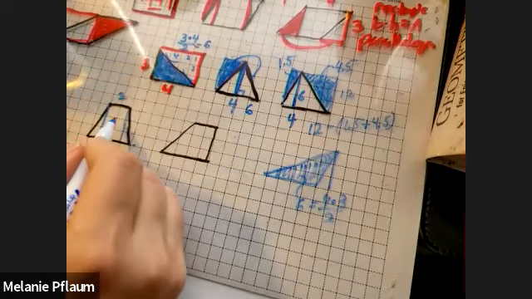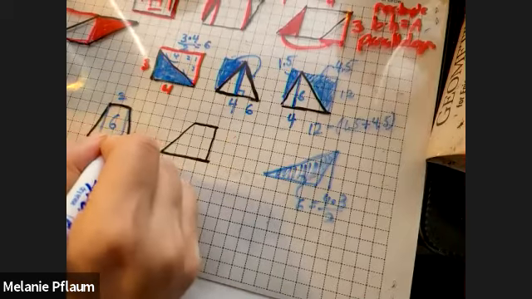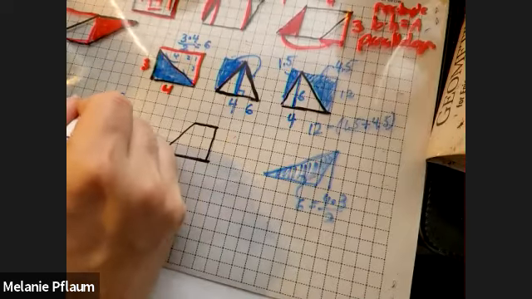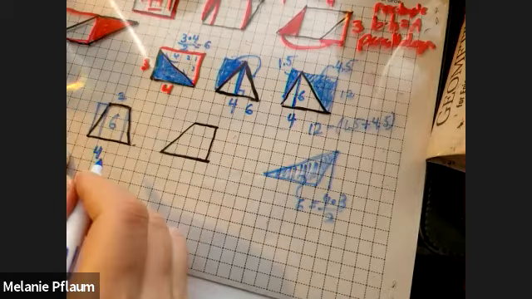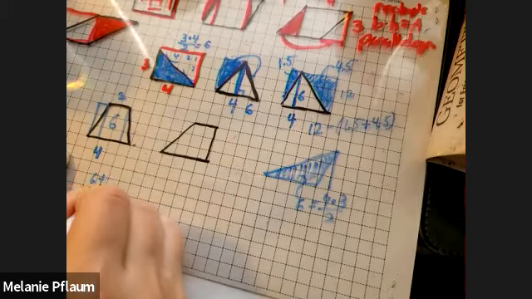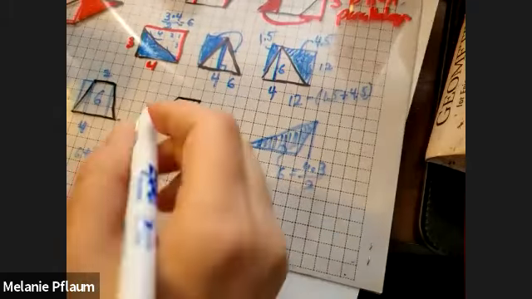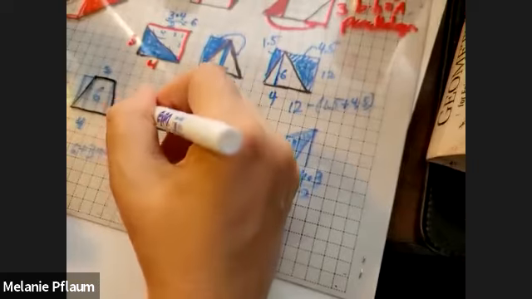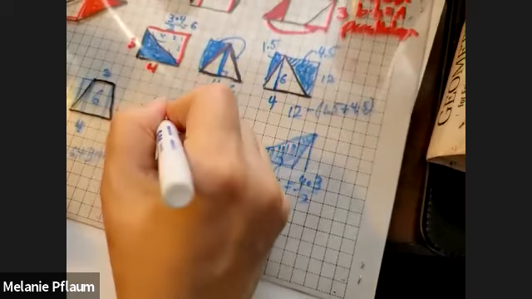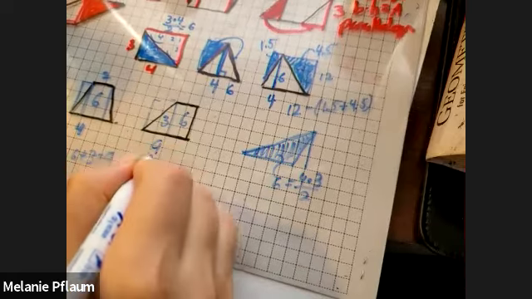So that's 2 groups of 3, that's going to be 6. And if I put these two together, I'm going to get another group of 3. So I end up with 6 plus 3 equals 9. Let's see about this one. I've got 6 here, and this is going to be half of 6. So that's also 3. So that's 9.